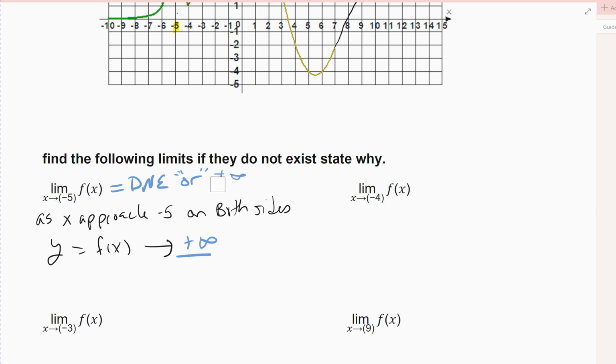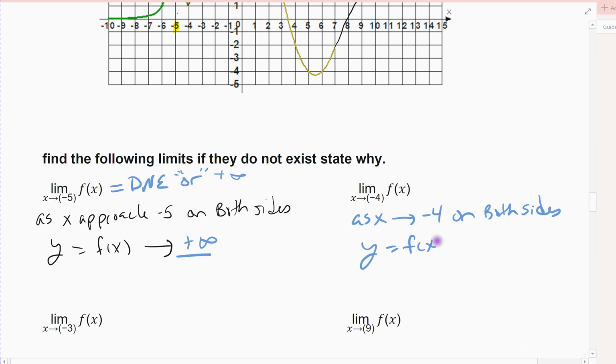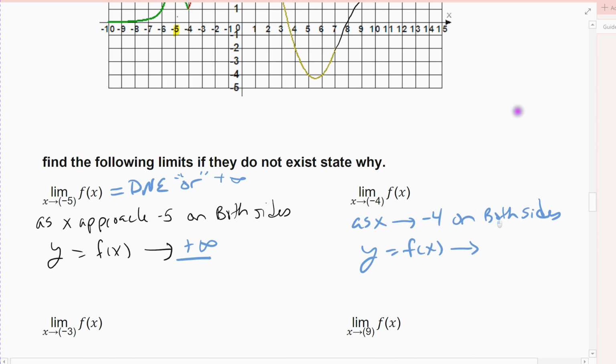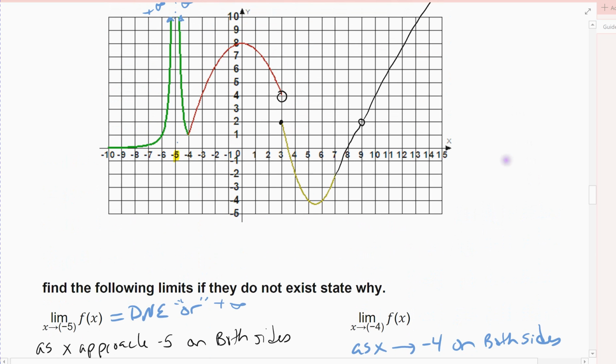All right, next one, -4. So again, general limit, as x approaches -4 on both sides, what is the function doing on both sides? All right, so -4 is right here next to -5. And so it's a sharp change.